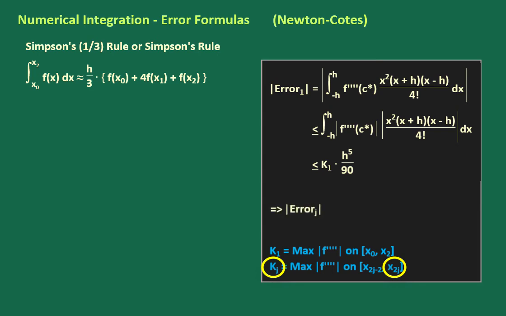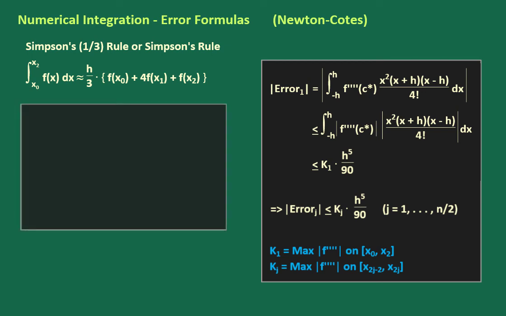Then error sub j, which is the error when using Simpson's rule to estimate the integral of f on the jth pair of subintervals, is less than or equal to capital K sub j times h to the fifth over 90. Here, j goes from 1 all the way to n over 2. So the total error then should be less than or equal to the sum of all of these n over 2 bounds.